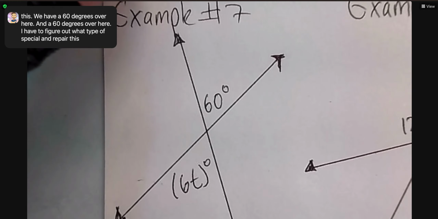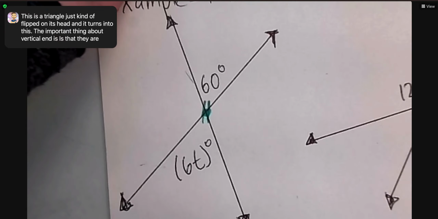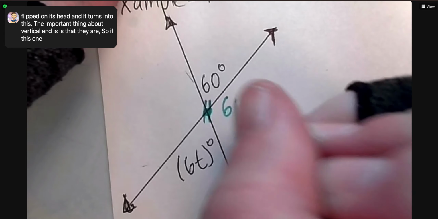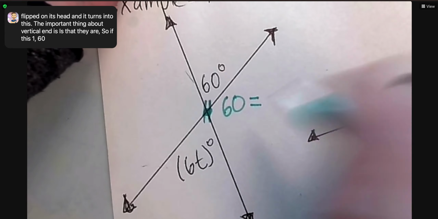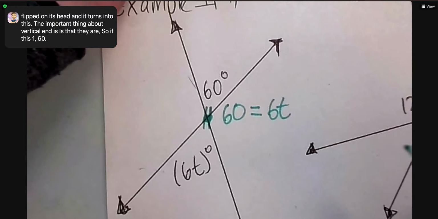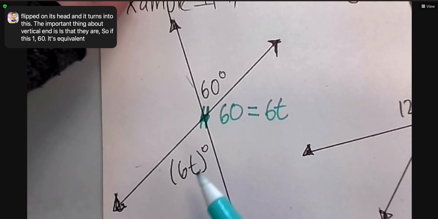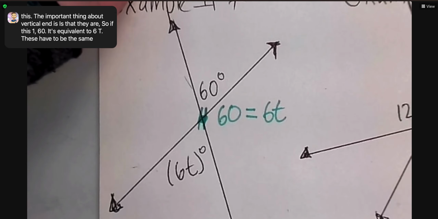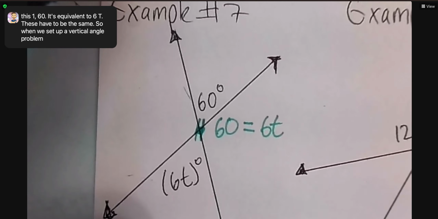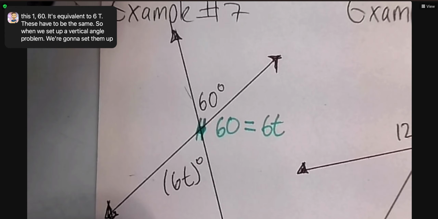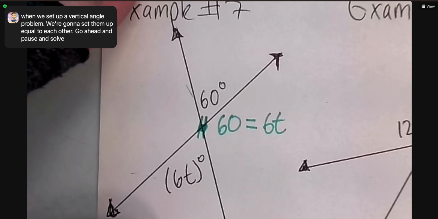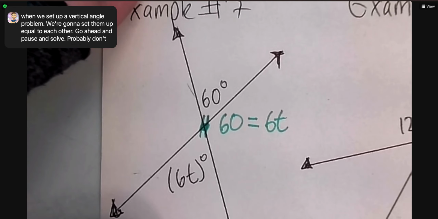The important thing about vertical angles is that they are equal. They are congruent. So, if this one equals 60, it's equivalent to 6t. These have to be the same. So when we set up a vertical angle problem, we're going to set them up equal to each other. Go ahead and pause and solve. Probably don't need to pause for very long.